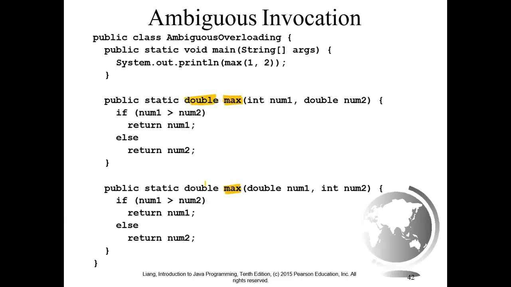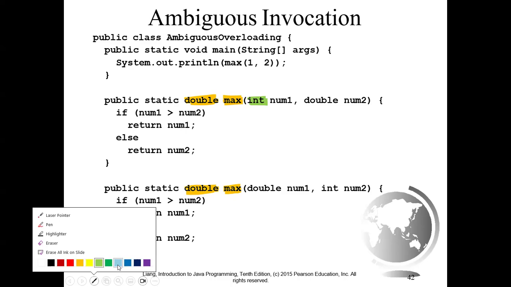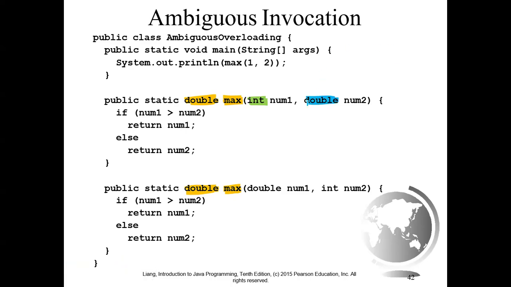The return type is the same. What makes them different? In the first one's parameter list, it is integer, right? And then it is double. However, in the second one, the first is double and the second one is int. I mean, the order of the parameter types is exchanged.